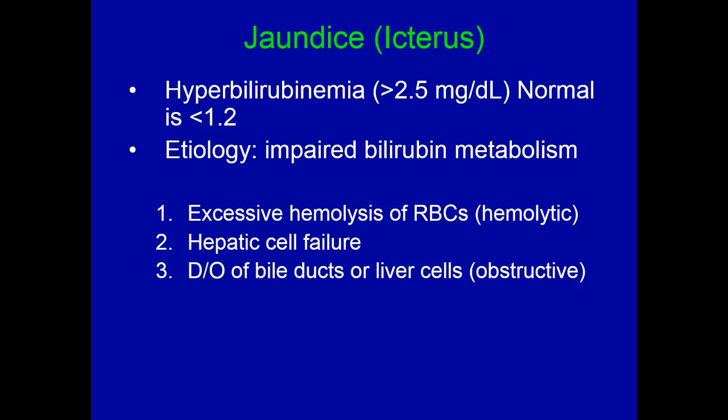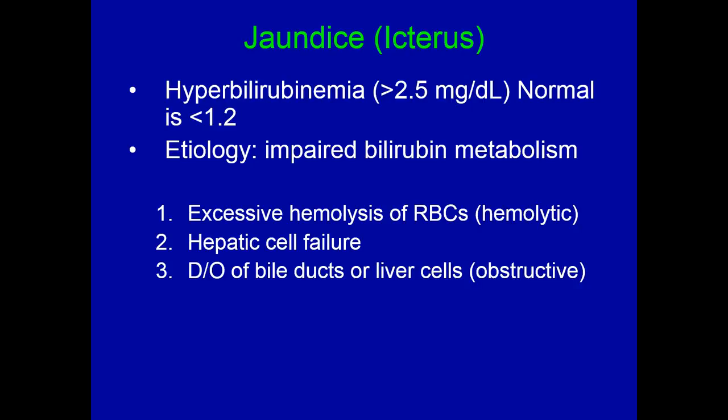Usually you'll see signs of jaundice when levels have gone above 2.5 milligrams per deciliter, normal being less than 1.2. The reason for it is some problem with bilirubin metabolism, which we know takes place in the liver, right? So just looping back to our anatomy and physiology.